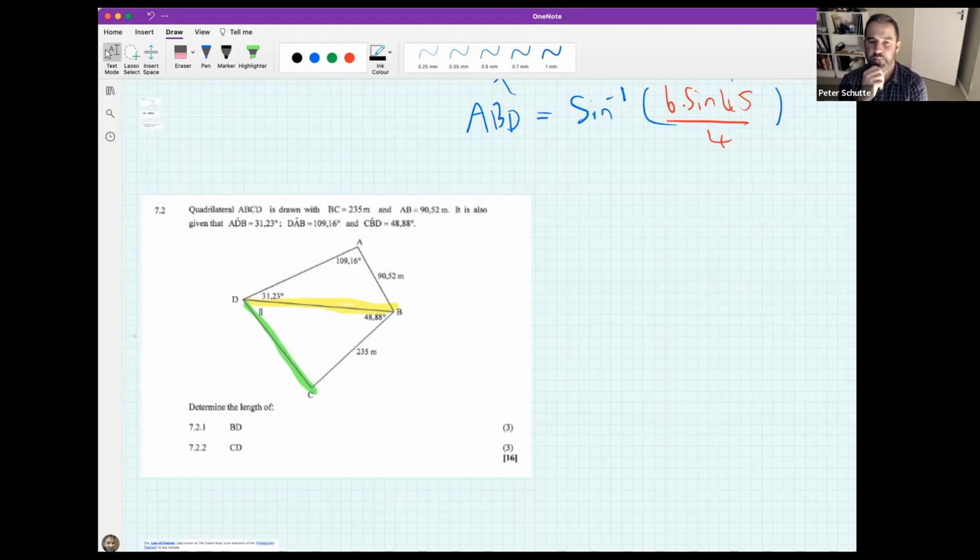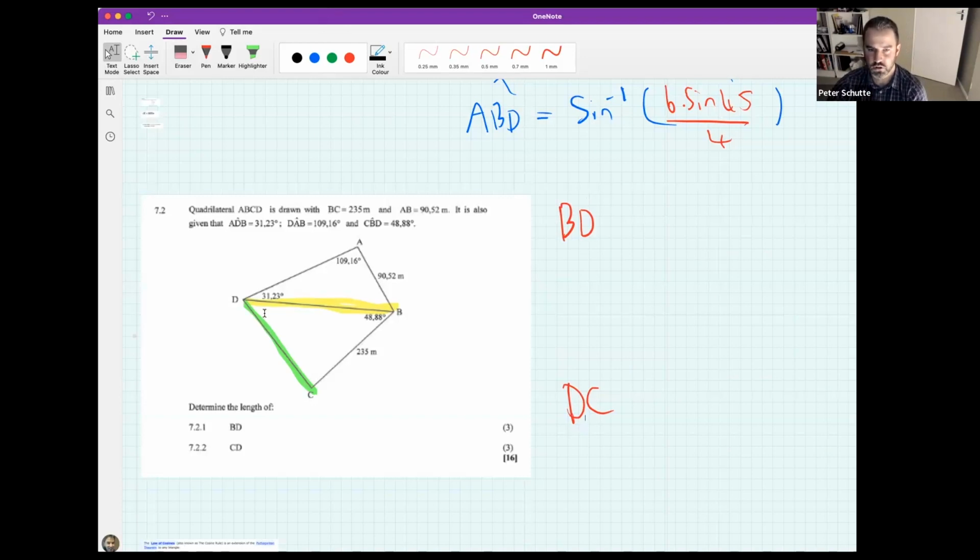And so maybe somebody can give us some tips in the chat about how they would go about finding BD and how they would go about finding DC. Who feels like they have a tip for us about how to find BD? Maybe someone can even come on and just give us an audio tip.